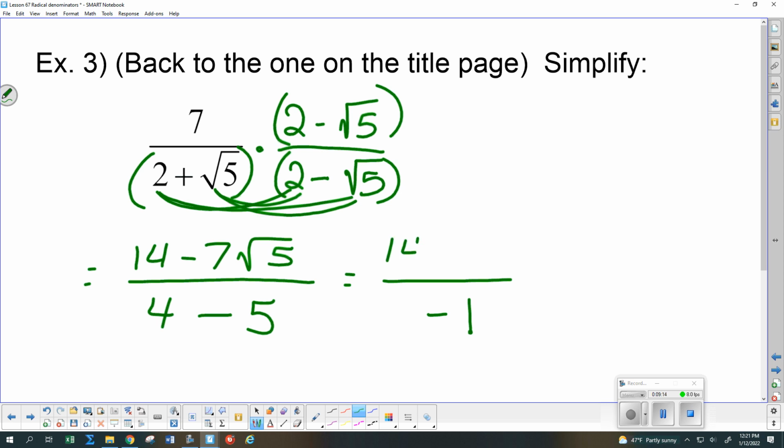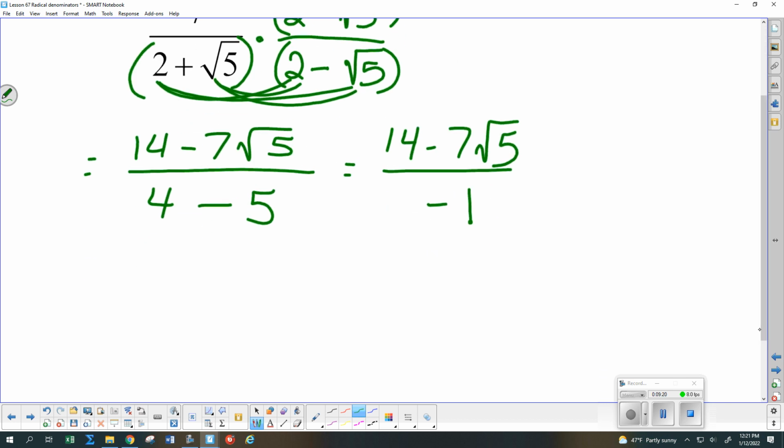And the denominator is 14 minus 7 root 5. However, if it is just a number in the denominator, we don't want it to be negative.